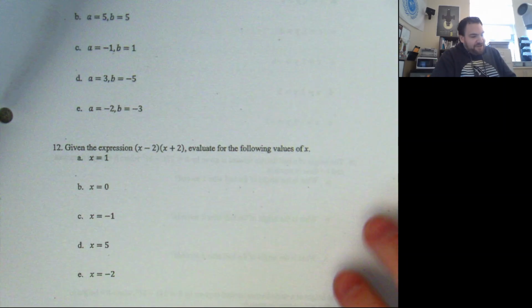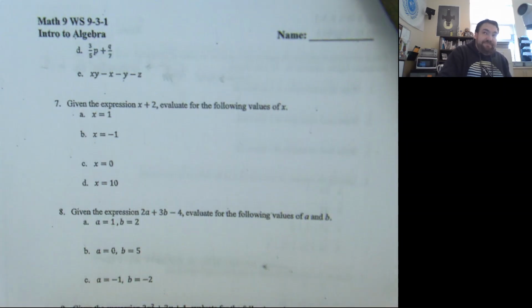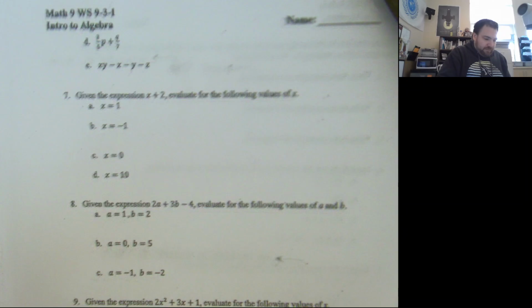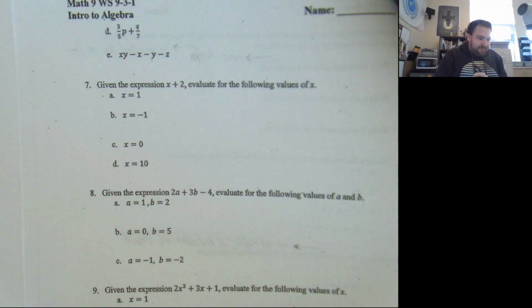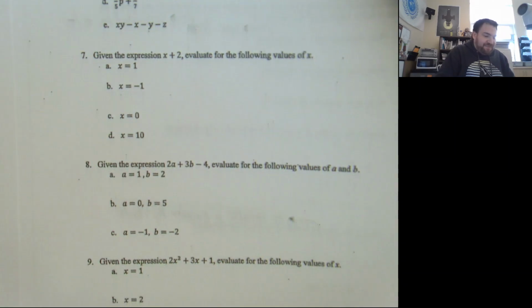We've talked about coefficients. So I want you to flip ahead. The one thing that we are going to look at that we haven't really talked about, though I know you've done, is flip over here to number 7. Actually, forget number 7. Let's go to number 8.